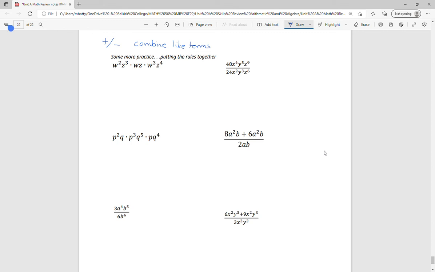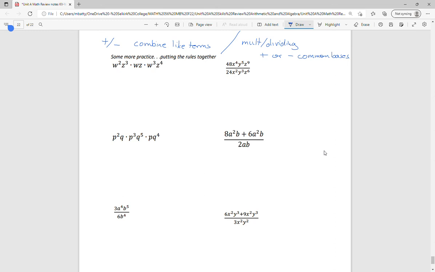You add or subtract the coefficients and the variables stay the same. For multiplying and dividing, you add or subtract exponents on common bases. So they're different rules, but they don't undo each other.